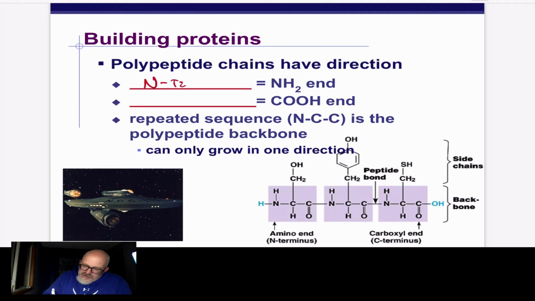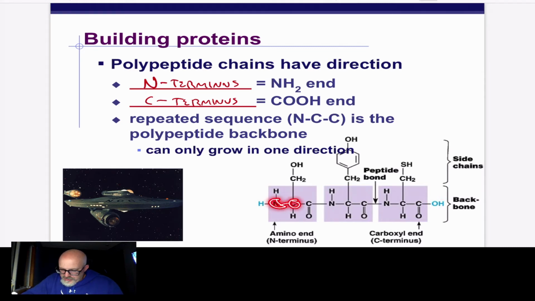The N terminus is the NH2 end, and the C terminus is the COOH end. So it's a repeating sequence of N, C, C, and then it goes again. In other words, if you look down here, N, C, C, another one, N, C, C, another one, right? This would be the N terminus, this would be the C terminus, so it grows in that direction.